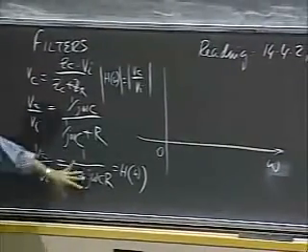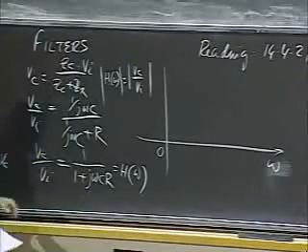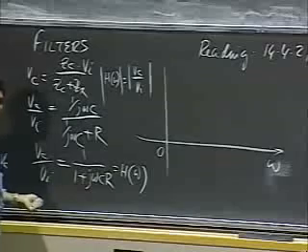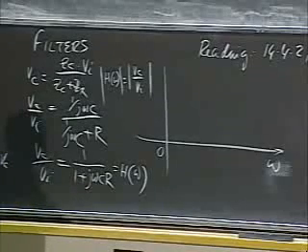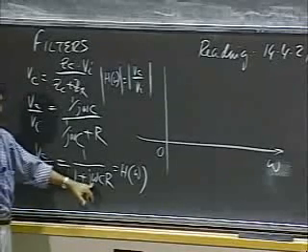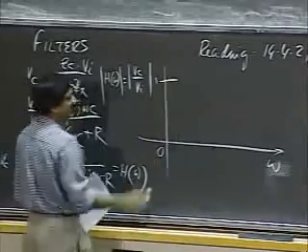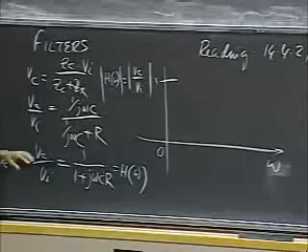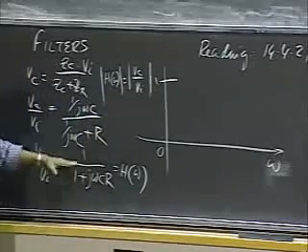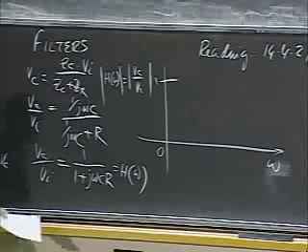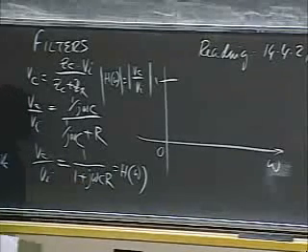First of all, the way you plot these is to look for the values when omega is very small and when omega is very large. When omega is very, very small, this term goes away, and so for very small values of omega, the output is simply 1. VC by VI is simply 1. What happens when omega is very, very large?